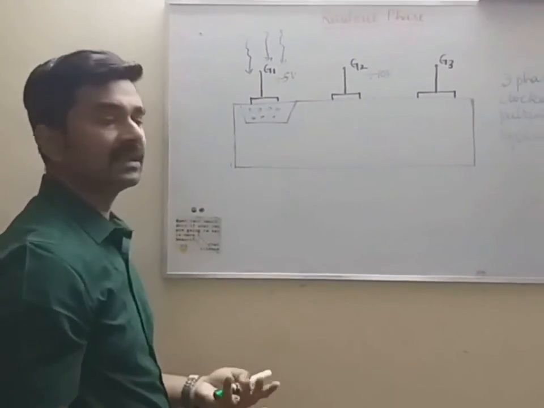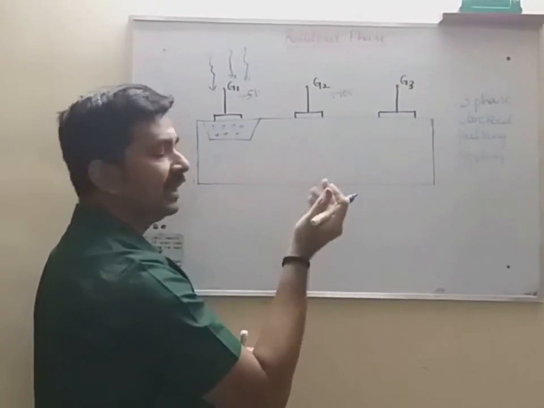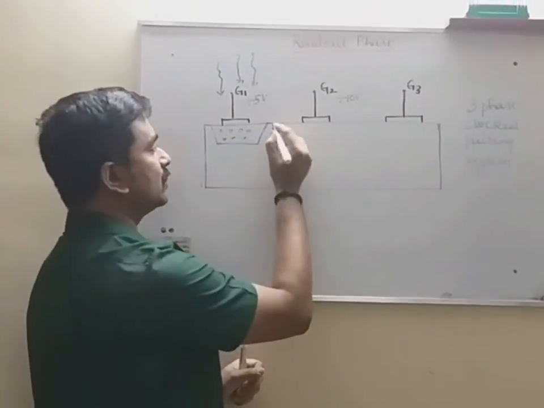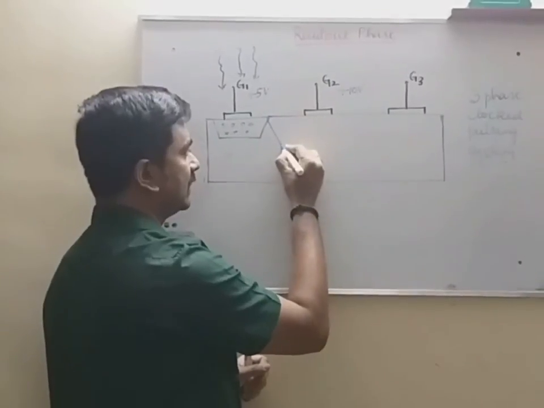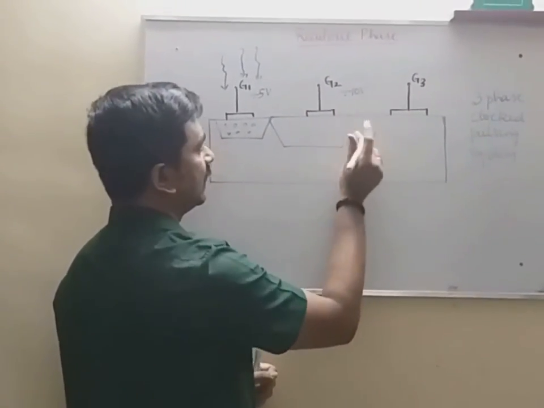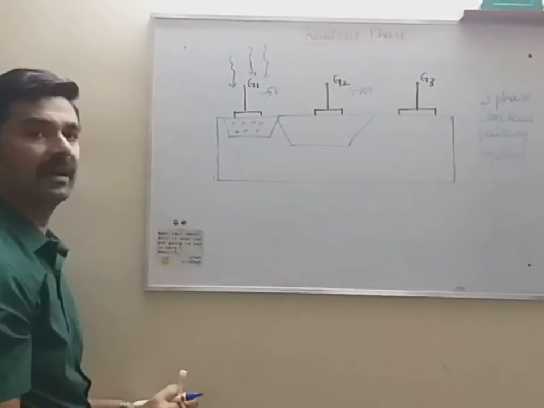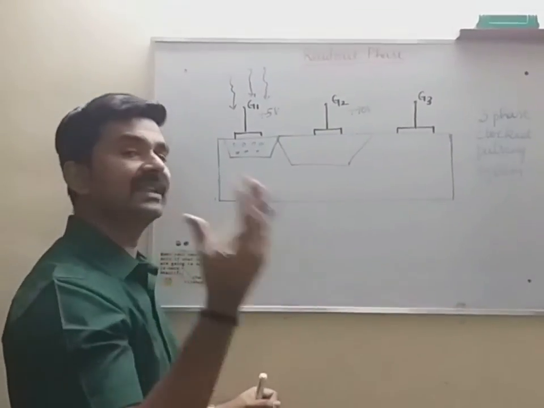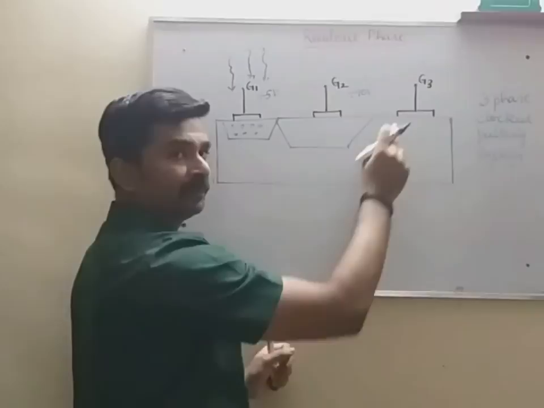Now we create a well which is deeper than this well. So can you guess what voltage I would give to gate 3?